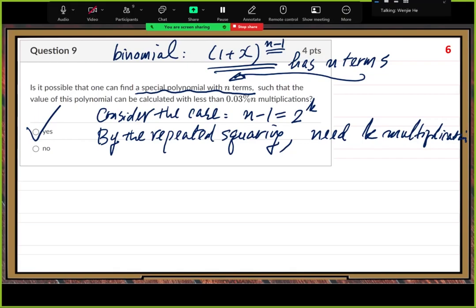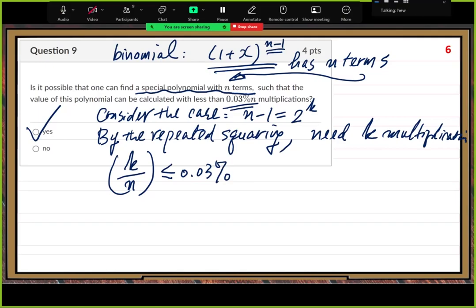Then, the percentage. We want to see this k over n. Is it less than 0.03%? Think about that.